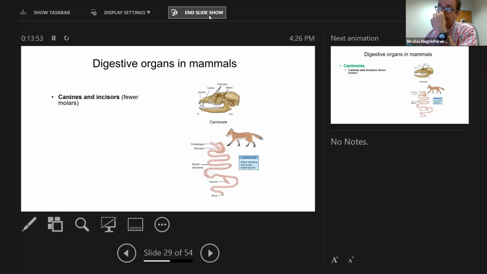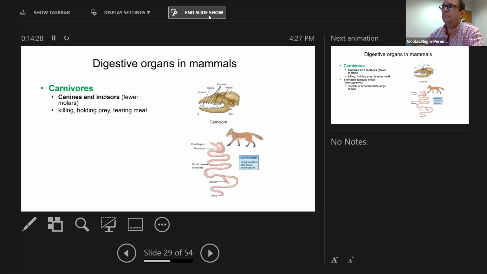When we look at carnivores, we see the presence of canines and incisors, but fewer molars. Why? Because they don't need to grind plants, cell walls or cellulose. In most cases, canines swallow large portions of feed without much mastication, and they are normally characterized by taking 1 meal per day, or sometimes even 1 meal every few days.